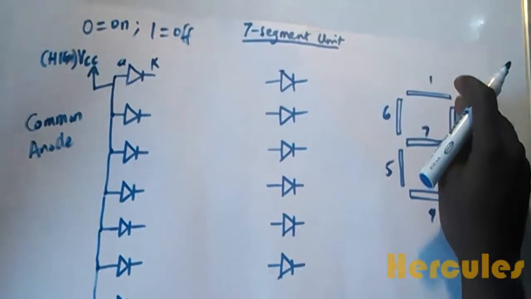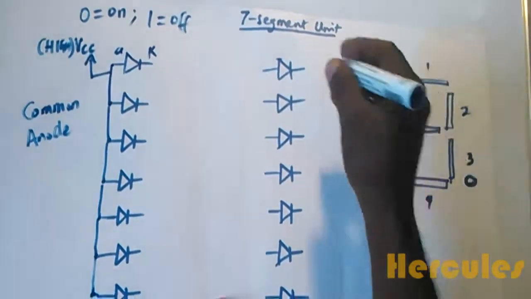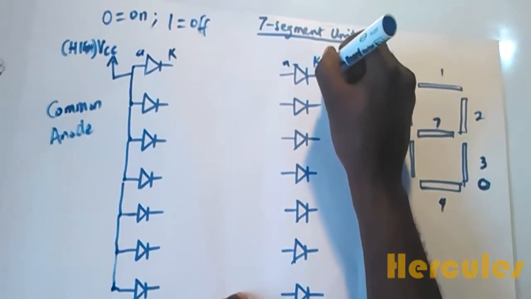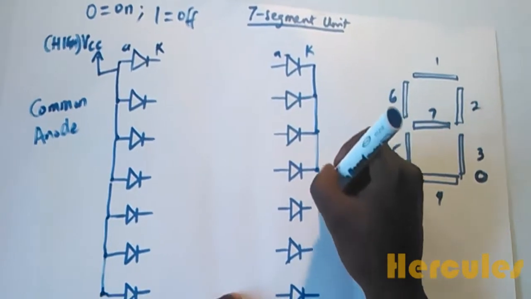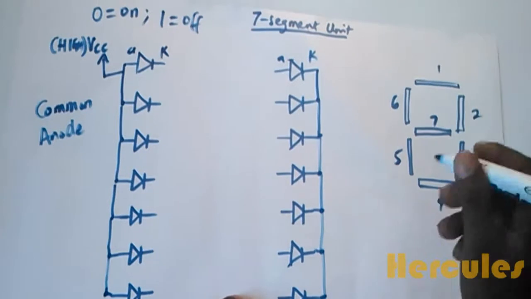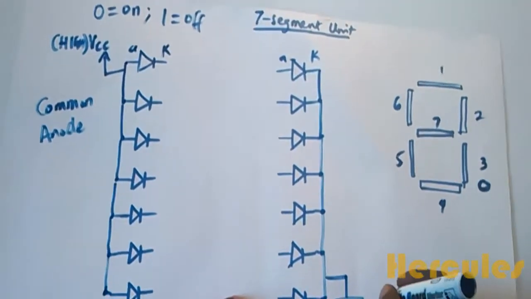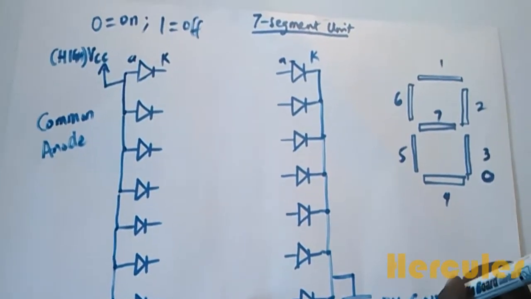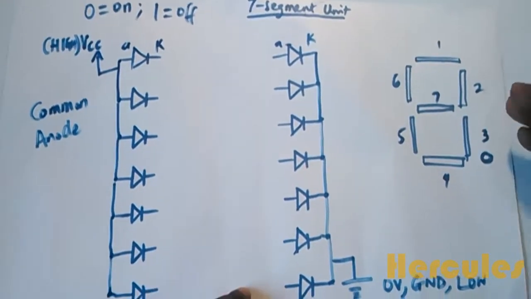Okay, so let's look at common cathode. Common cathode has all the cathodes connected together, and they are all connected to a ground or 0 volt or what we call a low, however you want to refer to that.